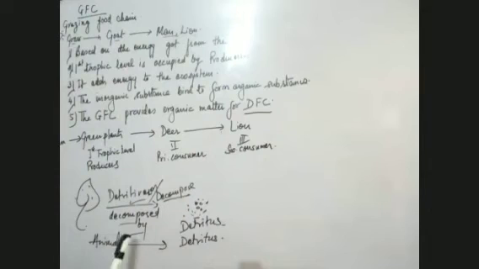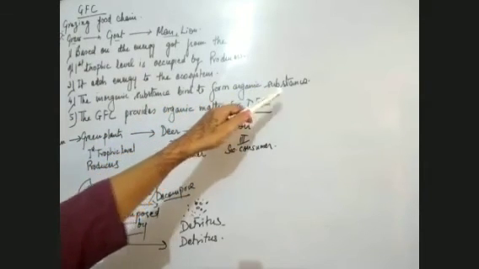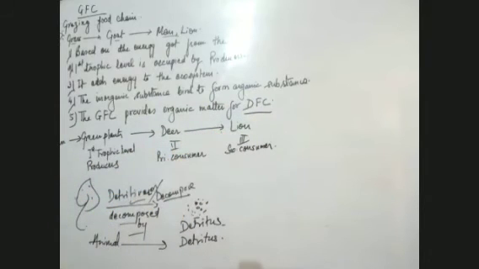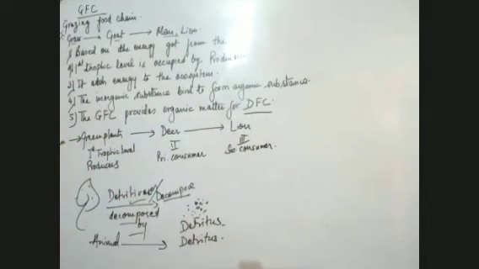They further continue as DFC. What is the product of GFC? Organic substances. These organic substances form the food for the DFC or detritus food chain.